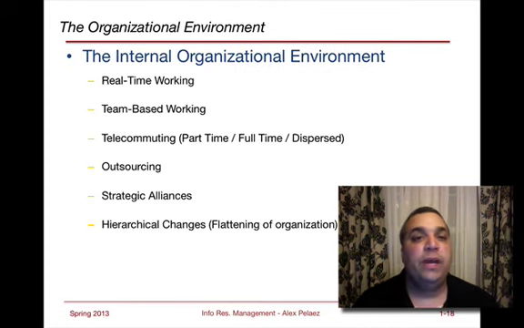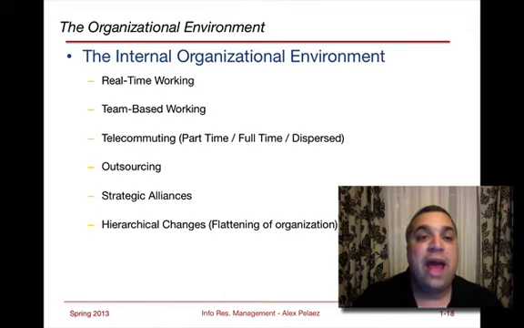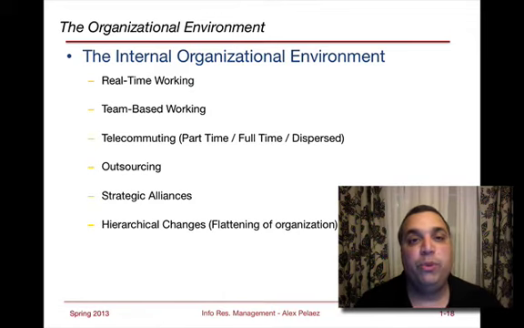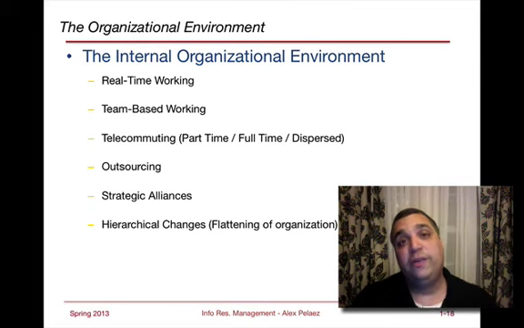Some of the other things that we have is real-time working, team-based working. It's all about how the individuals or the employees want to work. They can work 24 hours a day whenever they want, or they can collaborate a lot easier. Telecommuting is another thing that a lot of companies are doing, which allows them to reduce their actual office space footprint. You see many employees sharing cubicles when they're actually in the office.